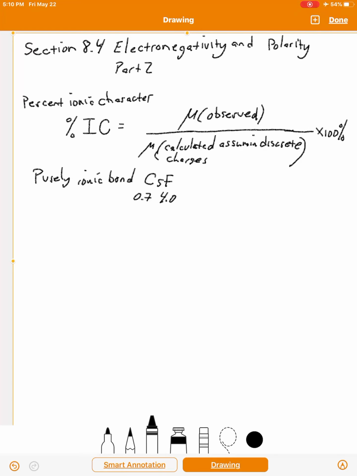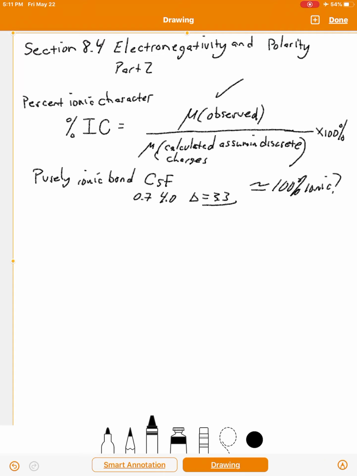Fluorine is 4.0. Your difference is 3.3. That's if you are going to have an ionic bond, CsF would definitely be it, right? That would be about as ionic as you could get, okay? So that we would expect to be 100% ionic, according to this formula, at least close to it, okay?